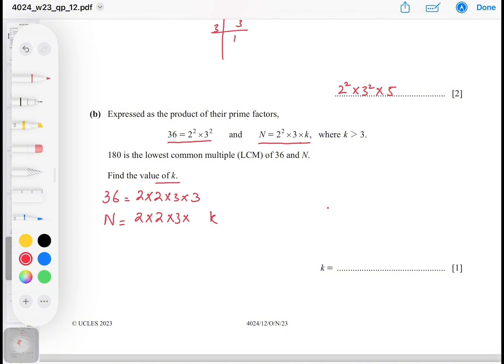And 180 is the lowest common multiple, the LCM, of 36 and n. So the LCM of 36 and n is actually 2 times 2 times 3 times 3 times 5. Now I will check that. I can make pairs.